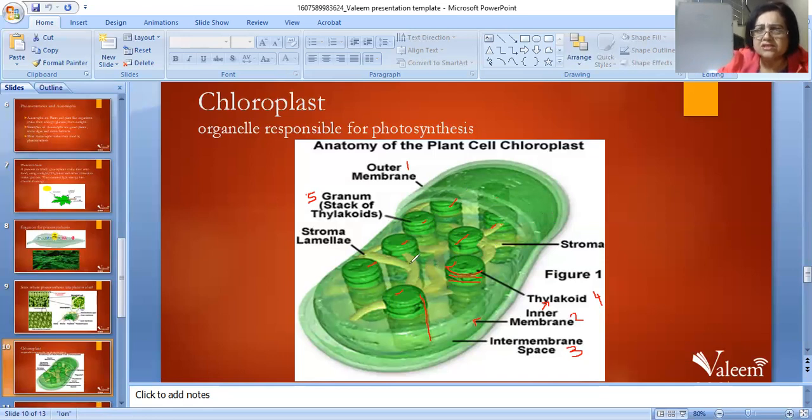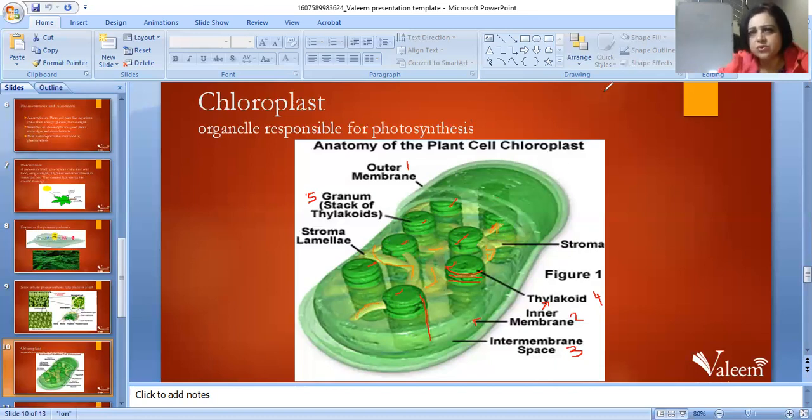Now, what is this which is represented by the yellowish color over here? This one, right? I am further highlighting it with yellow color. This is a jelly-like material which is found inside the chloroplast, and we call it stroma. I hope the structure of chloroplast is clear to everyone.